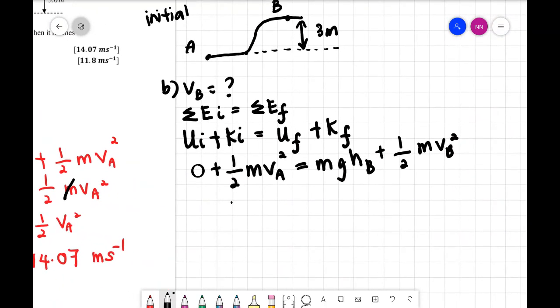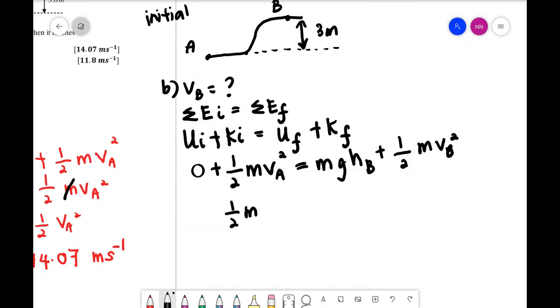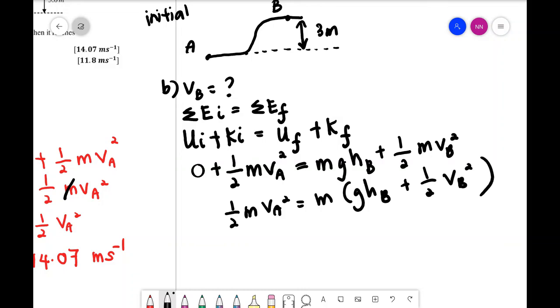Again, we can factorize m: g height at point B plus half VB squared. Alright, so we can cancel m and then substitute all the values.